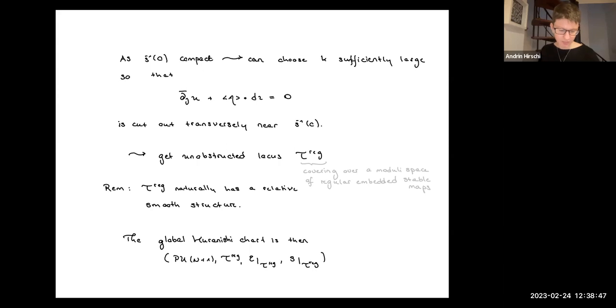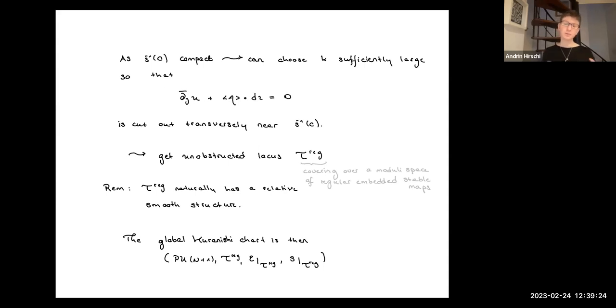Now, you of course have a map from a thickening to the moduli space of stable maps to projective space, which simply forgets everything but the framing. And since the framing is a regular embedded holomorphic curve into projective space, it will actually have image in a nice subset of the moduli space of stable maps to projective space, which in particular has no isotropy and has the expected dimension.